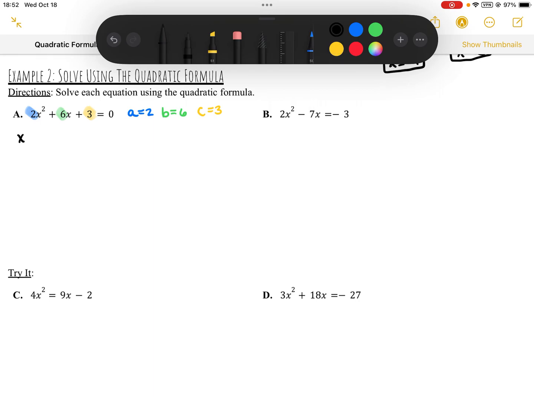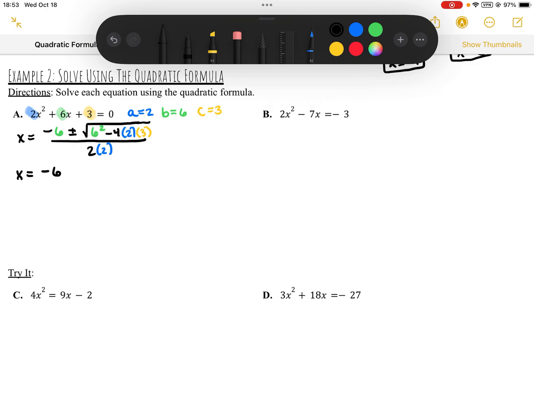So now I'm going to use my formula. X equals negative B plus or minus the square root of B squared minus 4AC, all over 2A. Now I'm going to start simplifying.